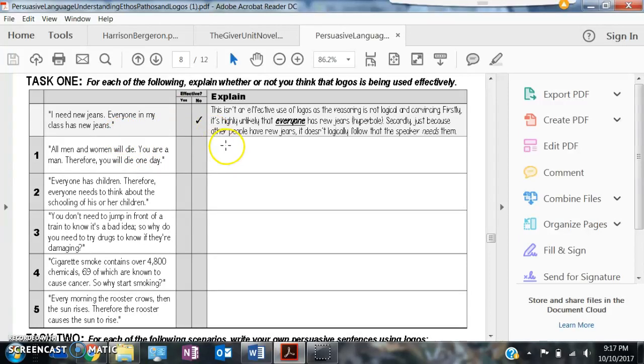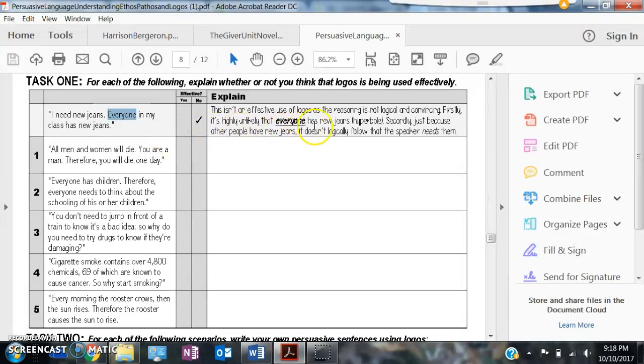Okay, it tells us right away that it's no. But if we just look at it, it just says everyone. Is everyone like a good reason why we would need that? Would need new jeans? For some of your parents that might work, but maybe not everybody. Okay?